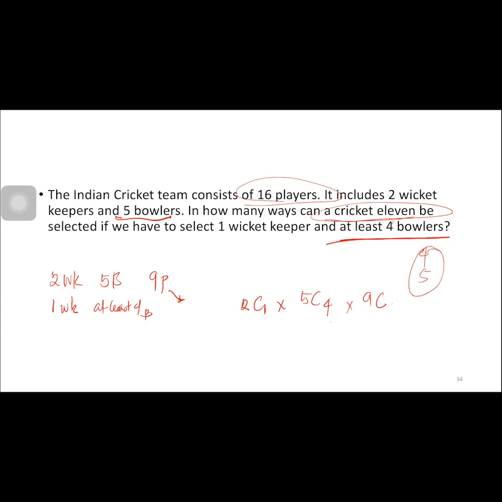We have there 6. Plus, again, 2C1 for the wicket keeper times 5C5 times 9C5. Again, this is for at least 4 bowlers. So this is equal to 1092.